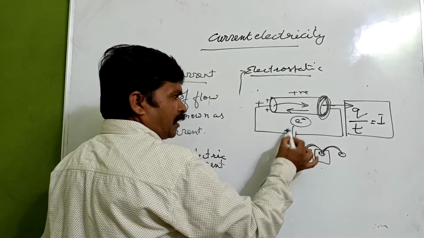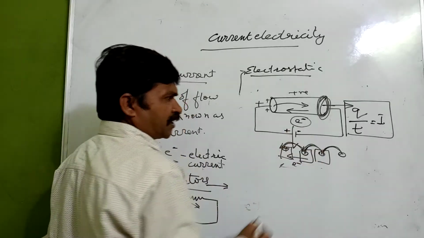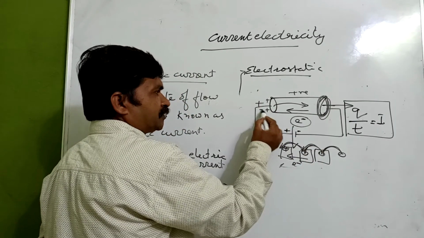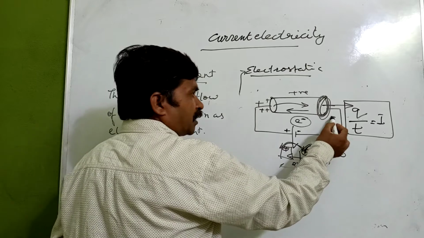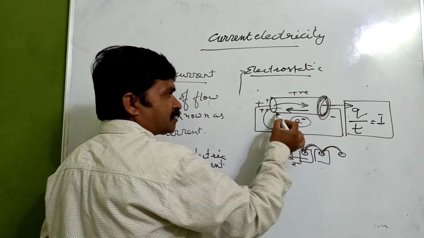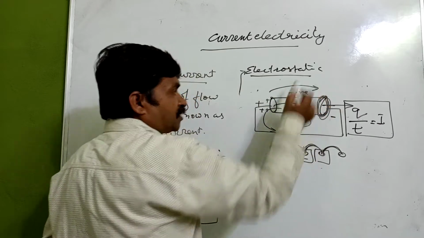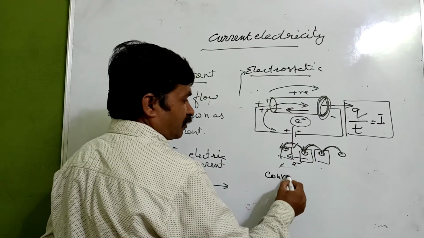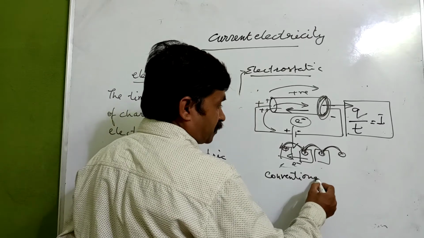If we take this positive and this negative, there will be positive charge here and negative charge here. Electrons are attracted toward this, flowing like this. But the direction of this, we call the conventional direction of current.